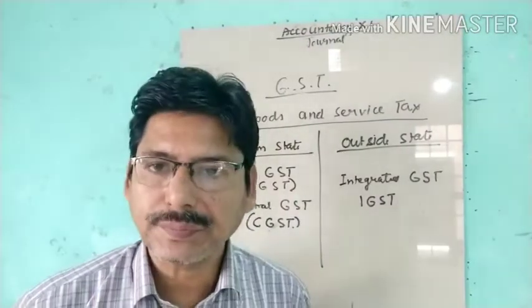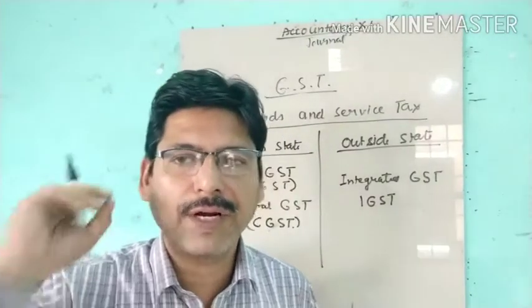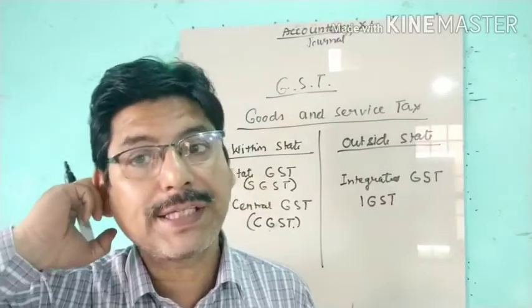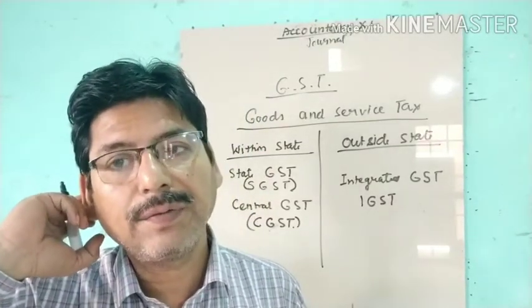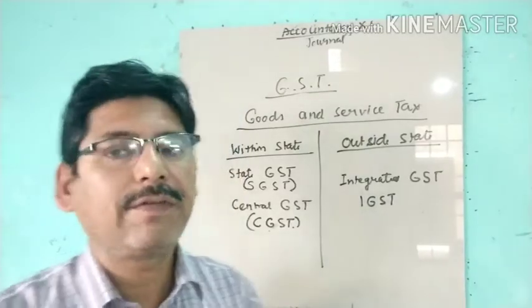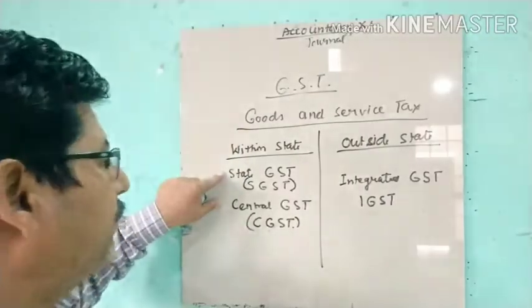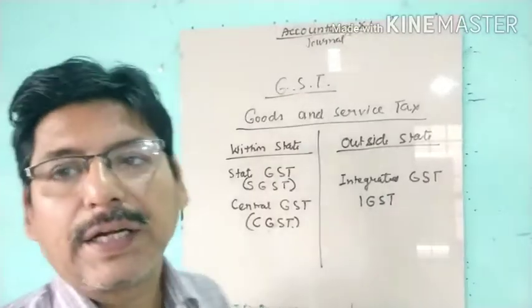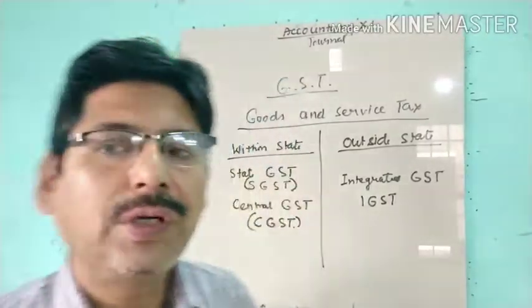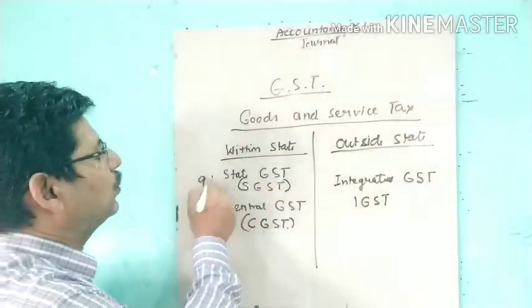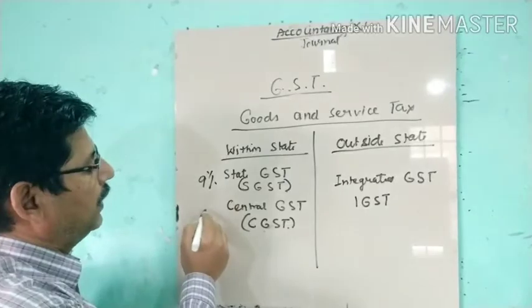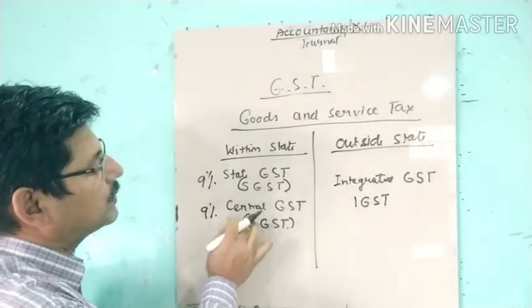Whatever rate of tax is there, that tax is divided into 2 categories. If 18% tax is there on some good, then 9% will go to the state and 9% will go to the central GST.